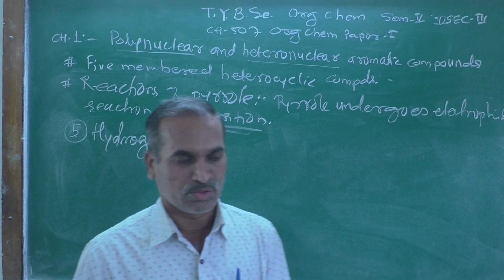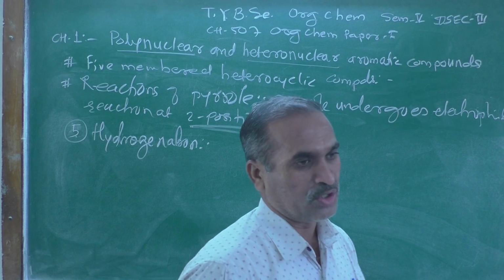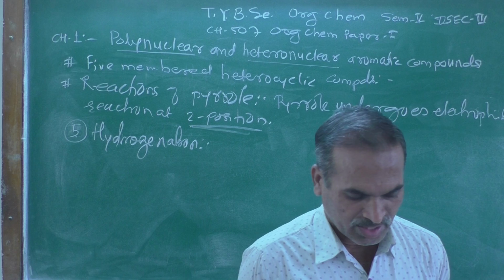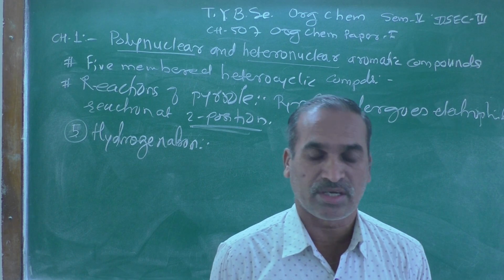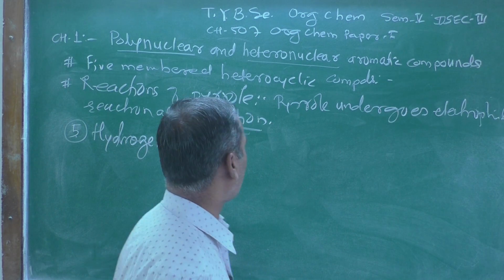So similarly here, the hydrogenation reaction is also shown by pyrrole. On catalytic hydrogenation at 200 to 250 degrees centigrade it gives pyrrolidine. So that is a simple reaction.